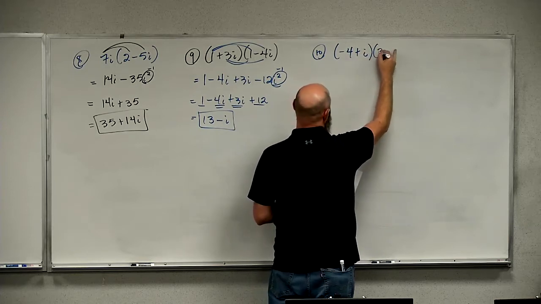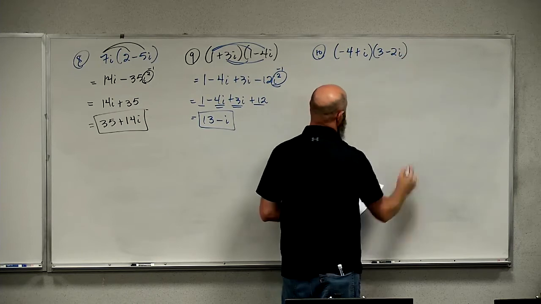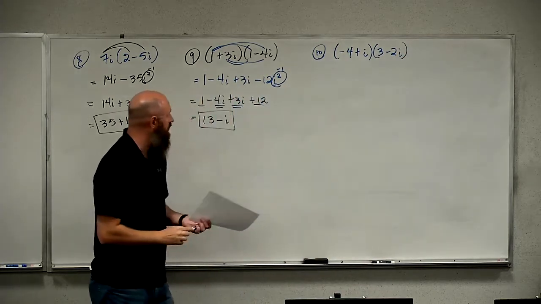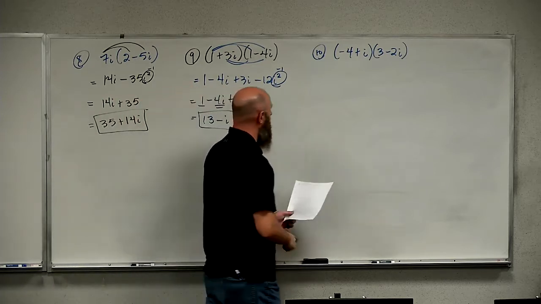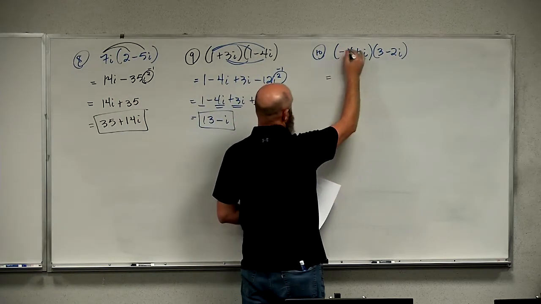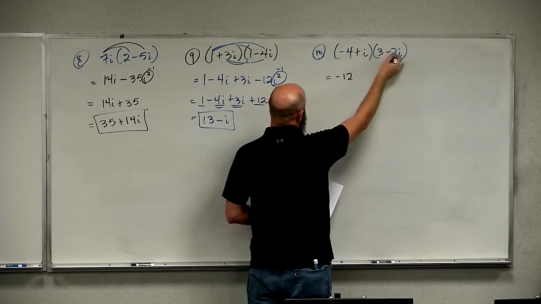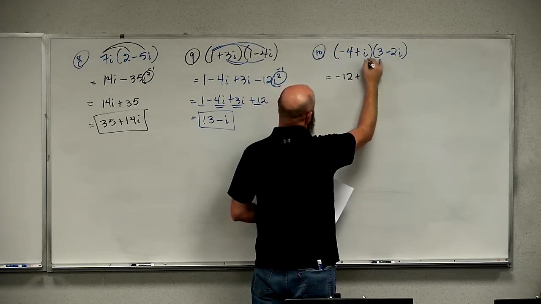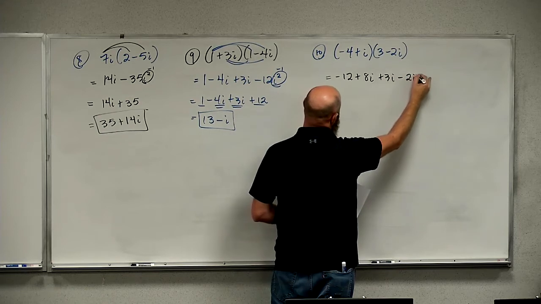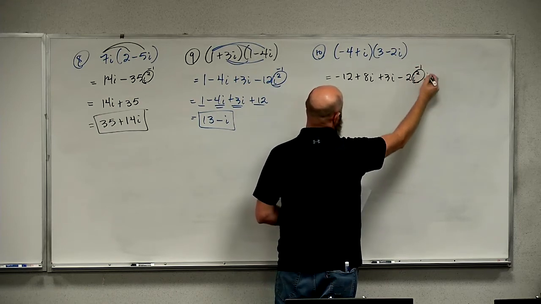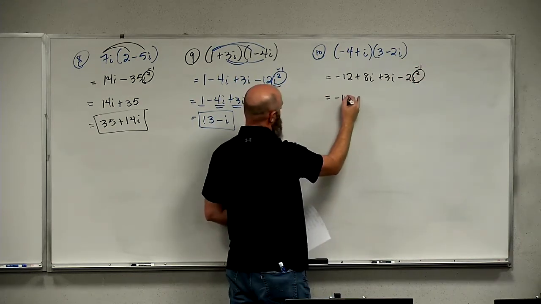So let's do another couple of those. All right, so again, just simply FOILing that out. We're going to get -12 plus 8i plus 3i minus 2i squared. That's going to give you that -1 there.